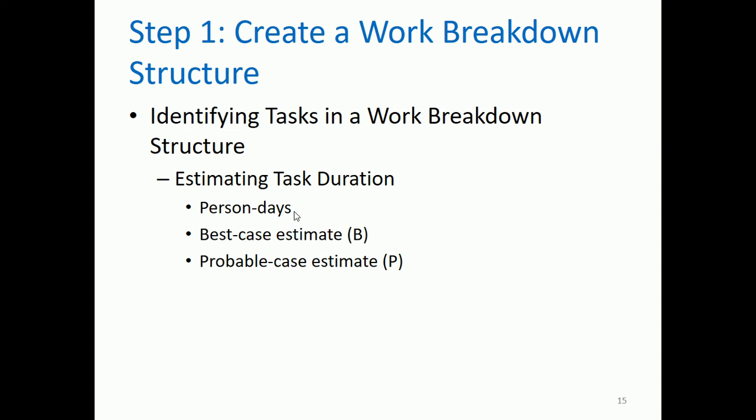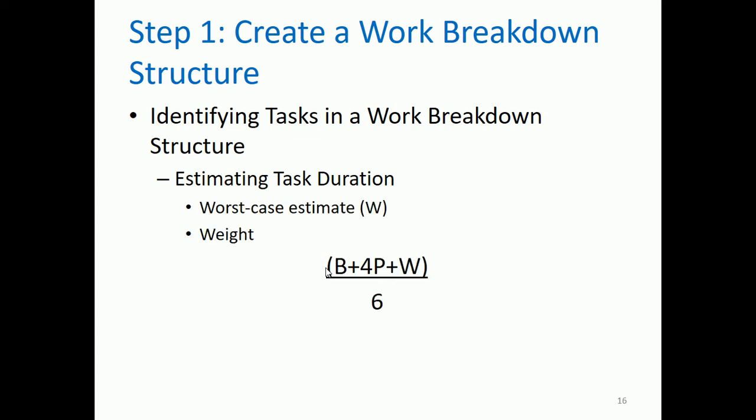Person days mean one person working on one full day. And then we also have the best case estimate, B, the probable case estimate, P, and the worst case estimate, W.